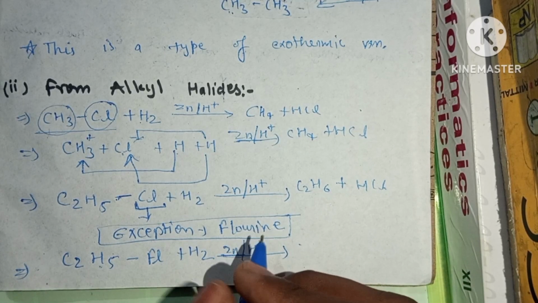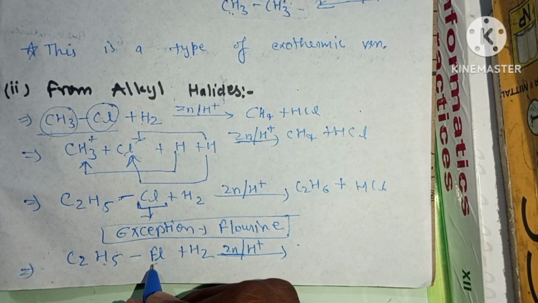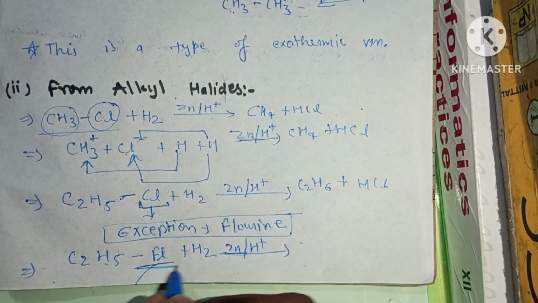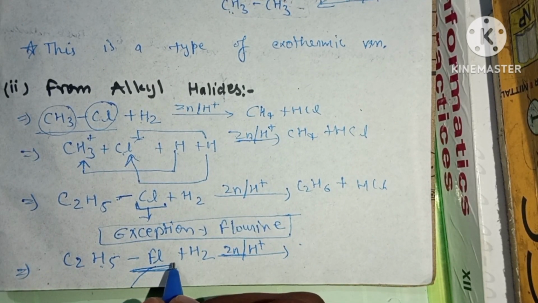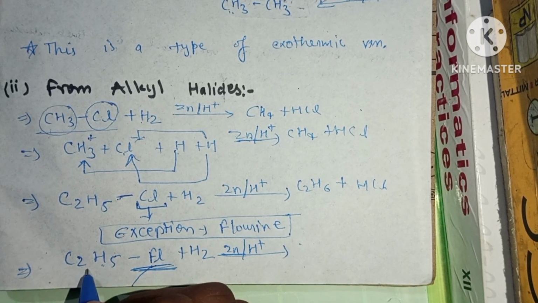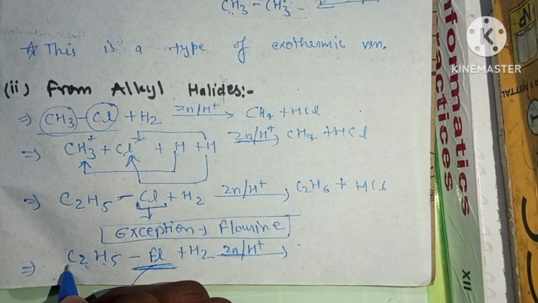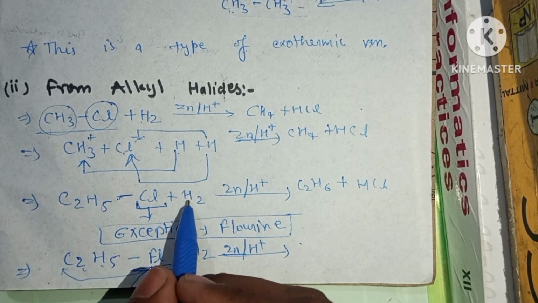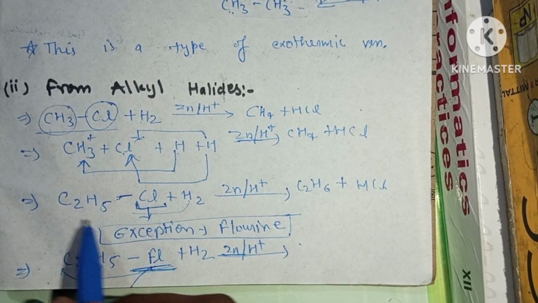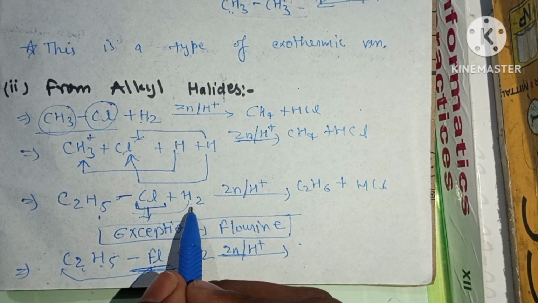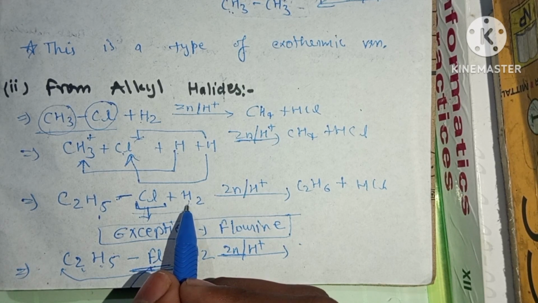This reaction will not happen because fluorine is more electronegative than hydrogen, and fluorine is also very reactive in comparison to hydrogen atom. So there will be no displacement reaction, because here the displacement reaction occurs: hydrogen will attach to the C2H5 and HCl will form with the other hydrogen atom.